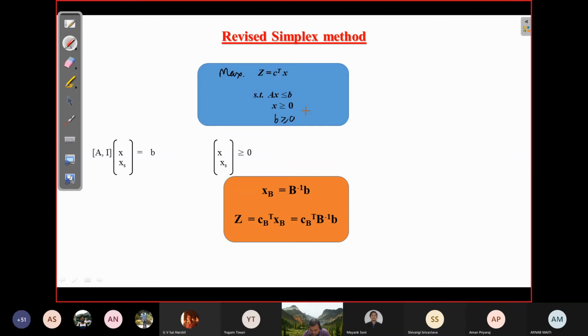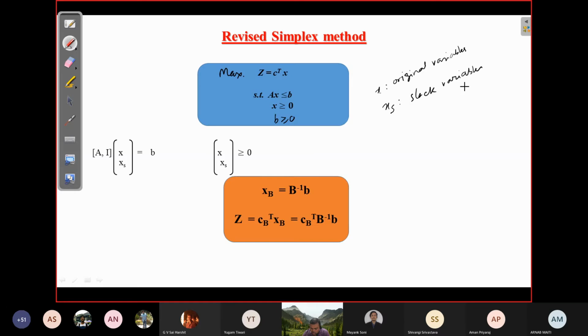Now, as we have seen, for a standard form, for each less than or equal to type of constraint, we have added one slack variable. Let us assume xs is the set of those slack variables. x is called the real or original variables, which are present explicitly in the system, and the slack variables are hidden in the system.